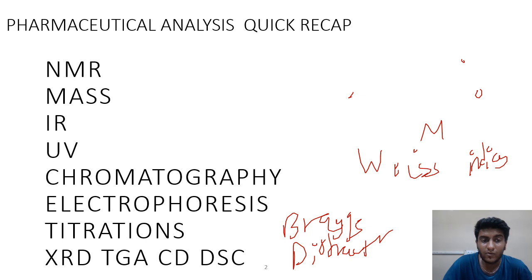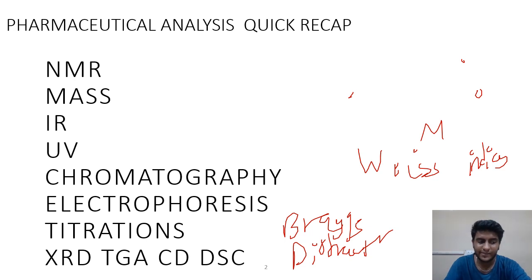Make sure that from UV-visible and IR you don't miss the sources, like bolometer, Golay cell, Nernst glower, incandescent lamp, hydrogen, deuterium, mercury, tungsten lamp, pyroelectric detector, and also the detectors, photomultiplier tube, photodiode, their advantages and disadvantages, and sampling techniques, cuvettes, and the different graphs involved in different spectroscopies.